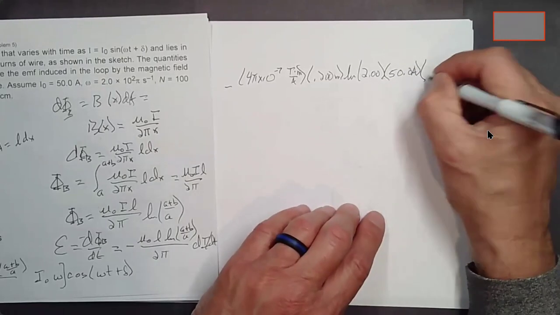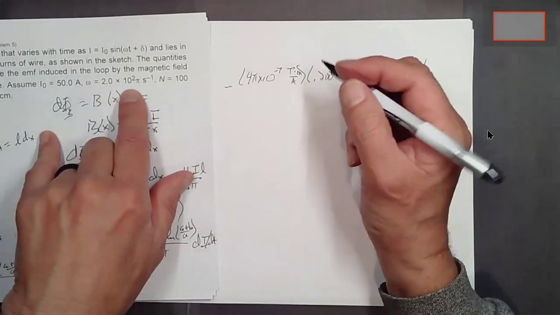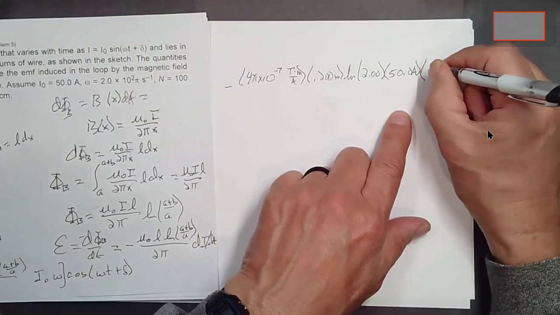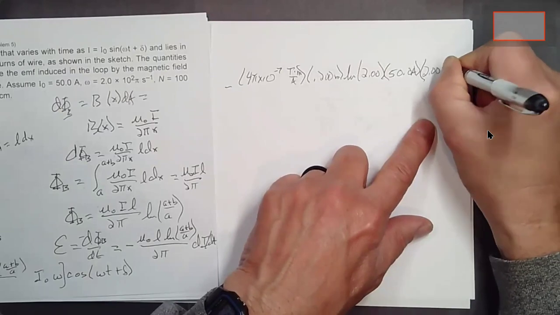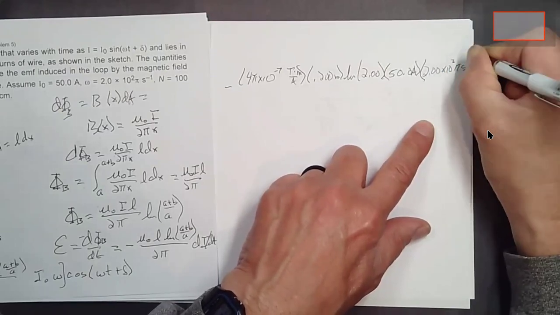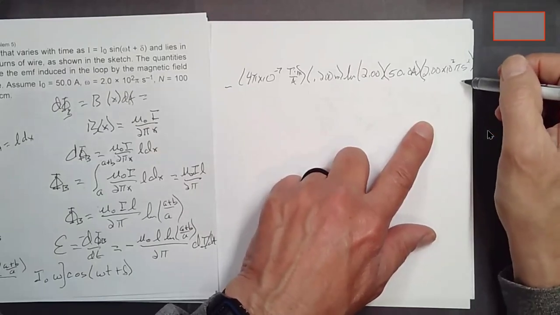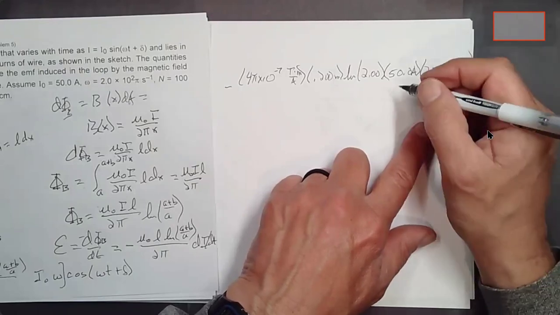And omega is, let's see, 2.00 times 10 squared pi seconds to the minus 1. Oh, yuck. Pi seconds to the minus 1, or per seconds. Oh, and I forgot. I need to have an N on this blasted thing.